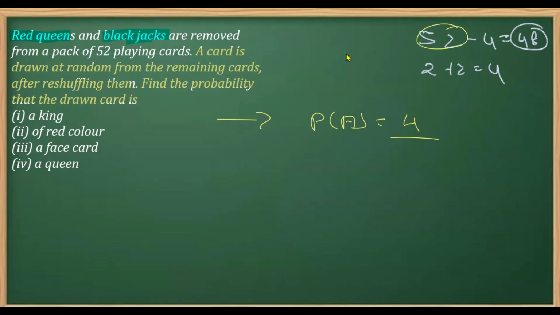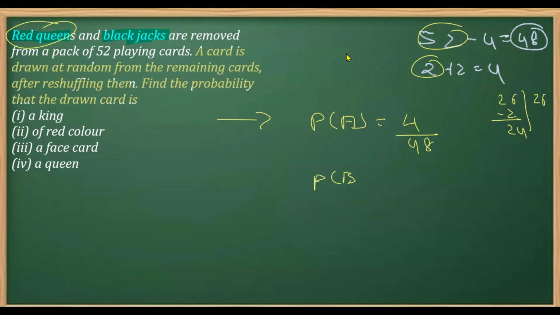Don't write 52. As you can see, cards are removed, and that is going to affect the total number of cards. Now red cards: out of 52, there are 26 red and 26 black. But two red queens are removed, right? So we are left with 24.